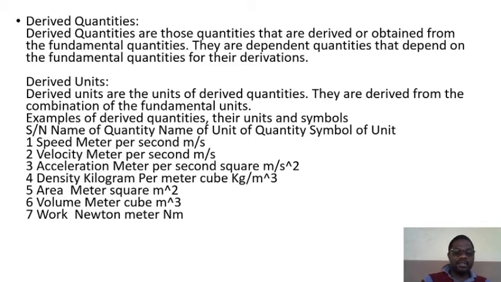We have density measured in kilogram per meter cube. Area measured in meter square or square meter. Then volume measured in cubic meter. Then work. Work is measured in Newton meter, also known as joule.